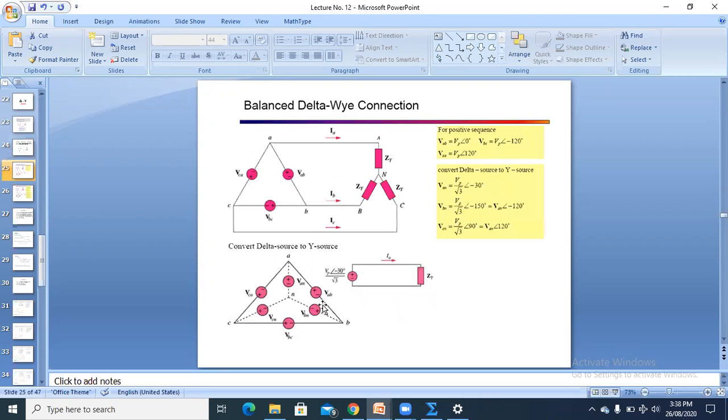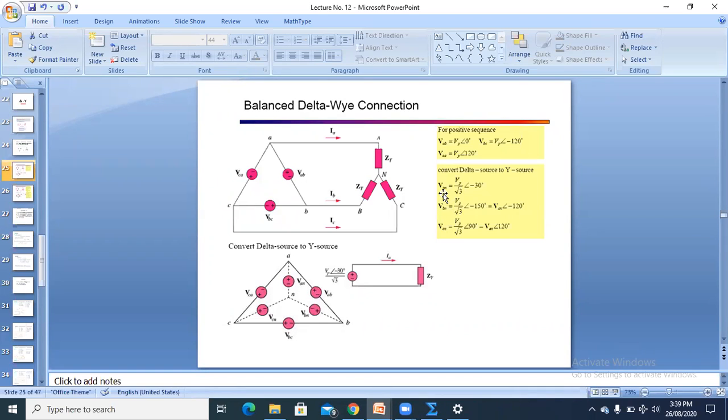So when we convert the delta system to the Y system, we have the phase voltage VAB converted to VAN.